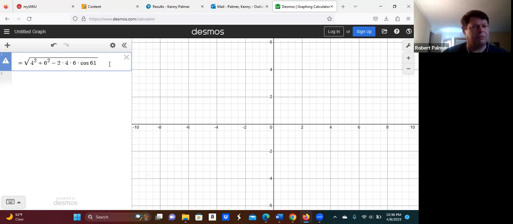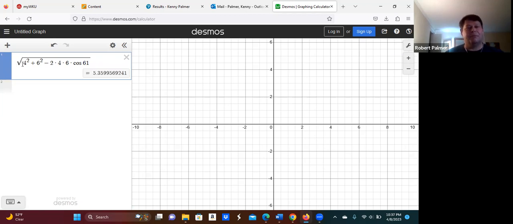Oh, I'm sorry, I don't need the equal sign. There we go. Okay. So we do 2 decimal places. That's approximately 5.36. We didn't give units, but you can think of this as feet, meters, inches, whatever. So 5.36.